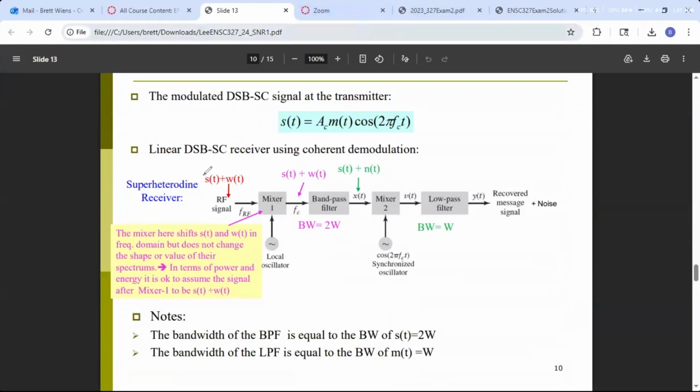Let me just grab an annotation here. So yeah, we have this RF signal coming in at some RF frequency. And then we're going to mix it with superheterodyne, if you remember. We basically are going to be subtracting the frequency of this local oscillator from the RF signal.